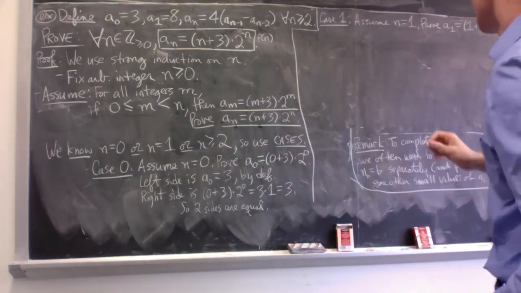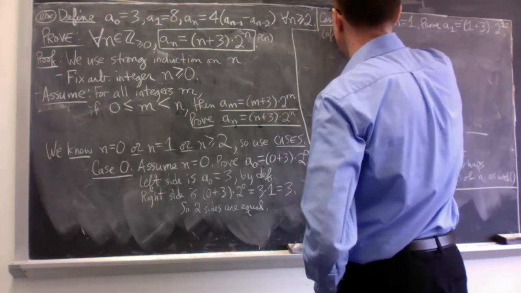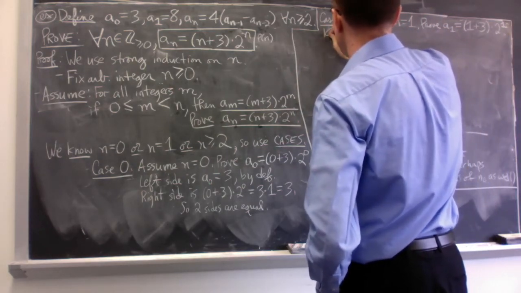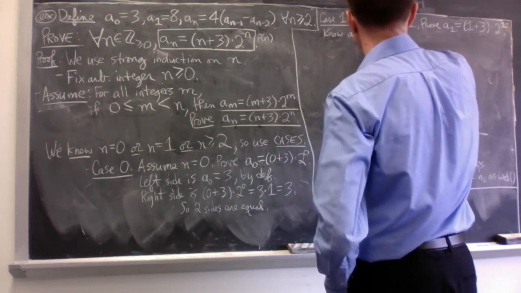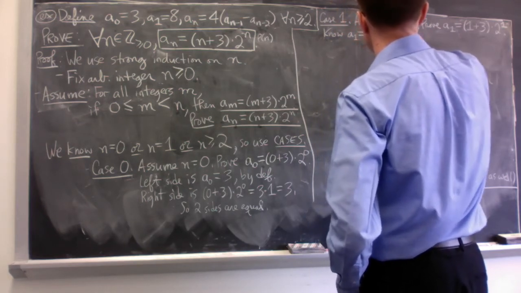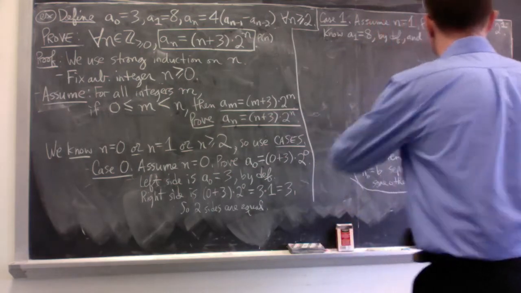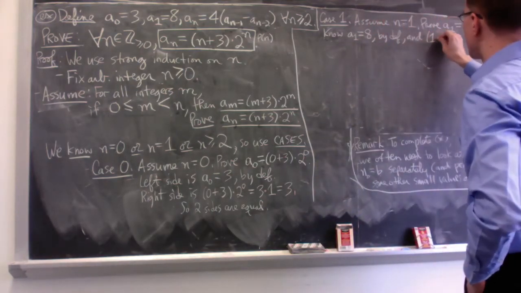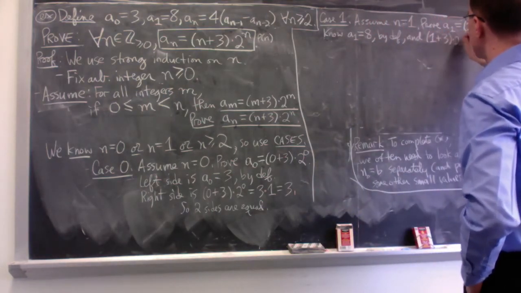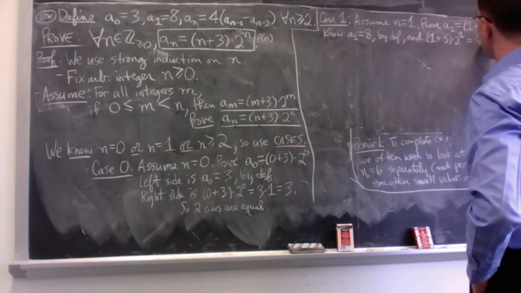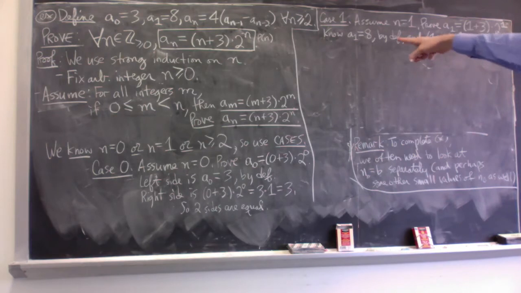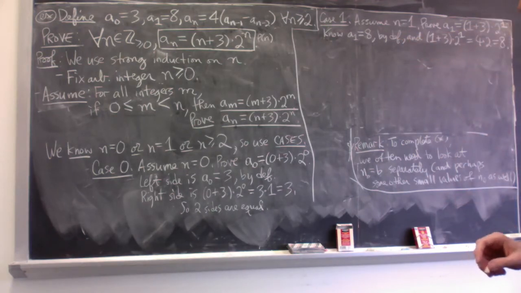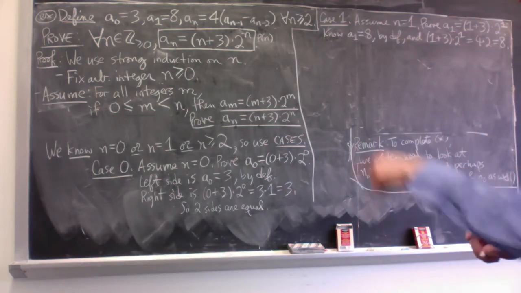And we just do the same thing. a1 equals 8 by definition. And on the other hand, 1 plus 3 times 2 to the 1 is 4 times 2, which is 8. So the two sides are equal. Great, so we did that.